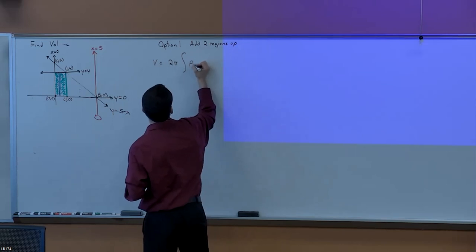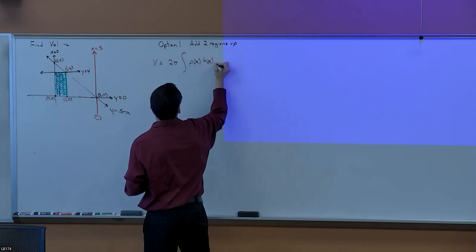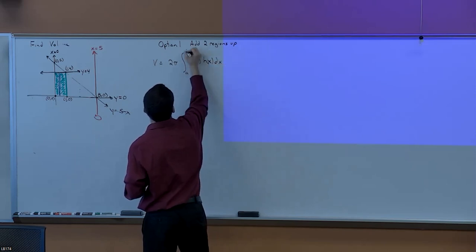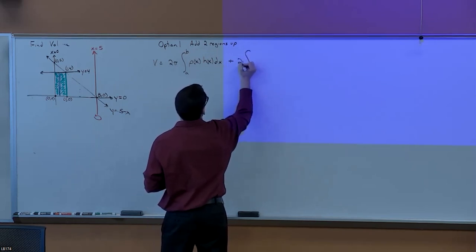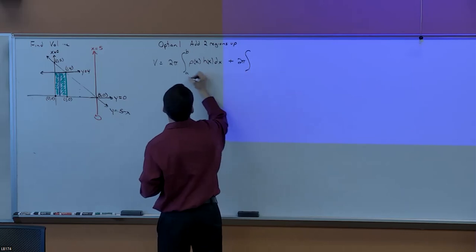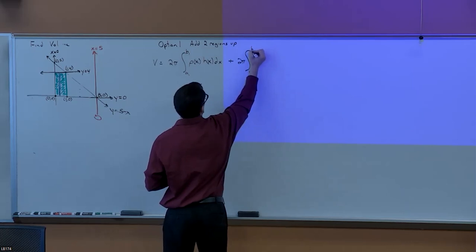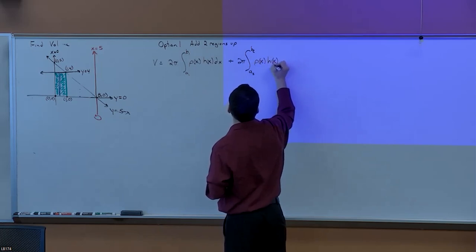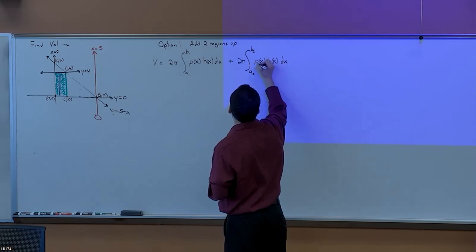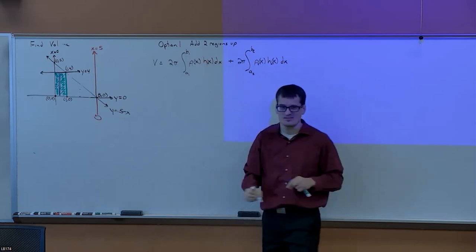So let me write rho of x, h of x, x from a to b, plus 2 pi. I guess this would be, I'll call it A1, B1, and this is A2, B2. Another different rho of x. I guess this is my second radius, second height, first radius, first height. Is that okay? Subscripts.